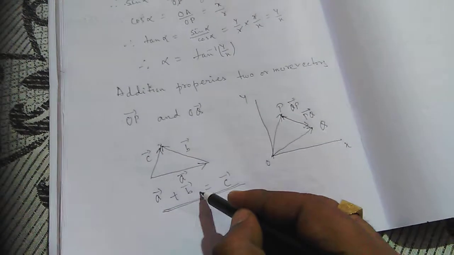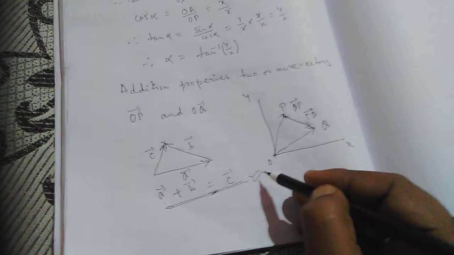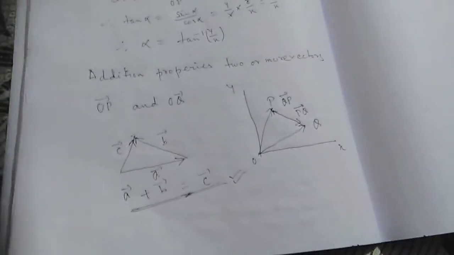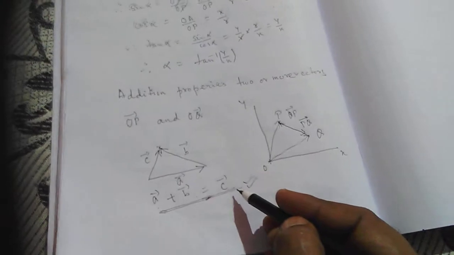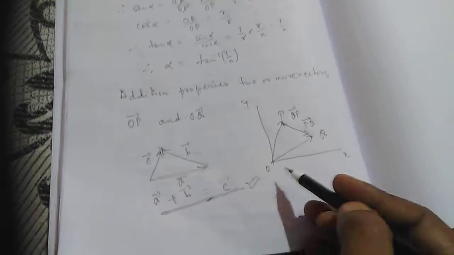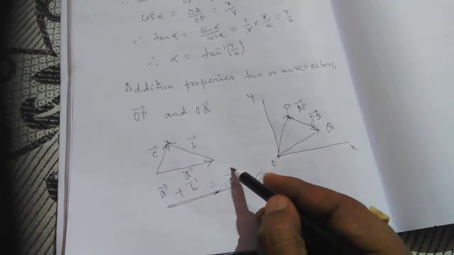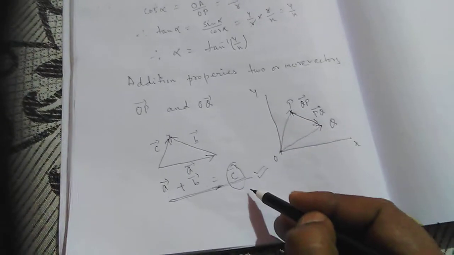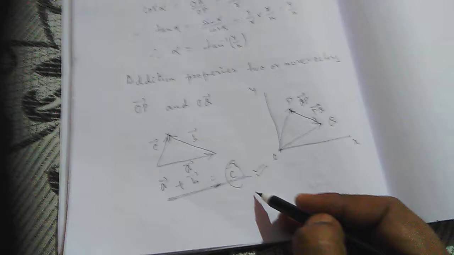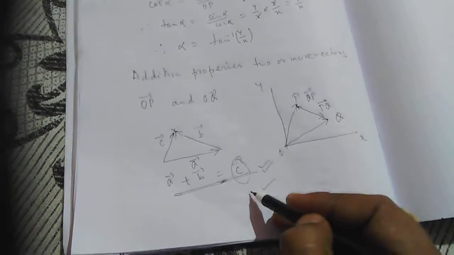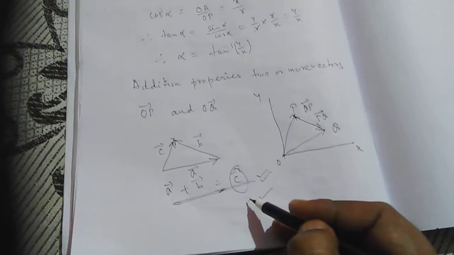If we do not want to consider the direction, just to calculate the magnitude, the c vector is calculated by another formula. We will discuss in the next video how the c vector's value and direction can be calculated.